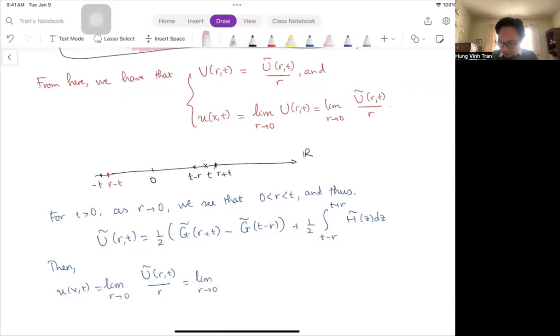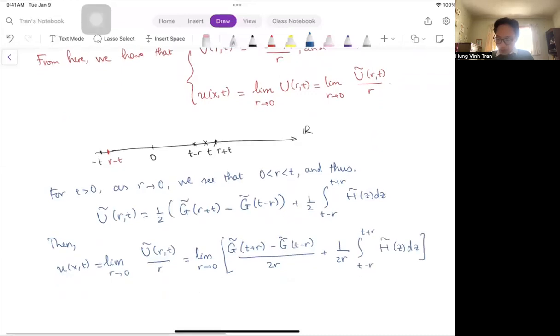Let's put them together: g tilde of t plus r minus g tilde of t minus r over 2 times r, I have the 2 already, and then plus 1 over 2r times the integral from t minus r to t plus r of h tilde of z dz.